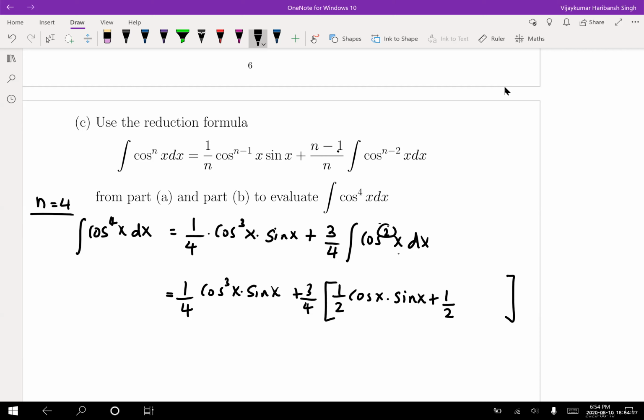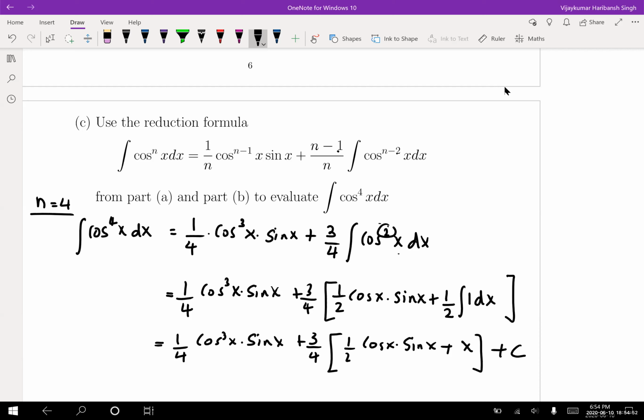Integral of cos to the power n minus 2, which is cos to the power 0, which is 1, dx. The answer is going to be 1 by 4 cos cube x sine x plus 3 by 4 times half cos x sine x. Integration of 1 is x, and then in the end you add plus c, the constant of integration.